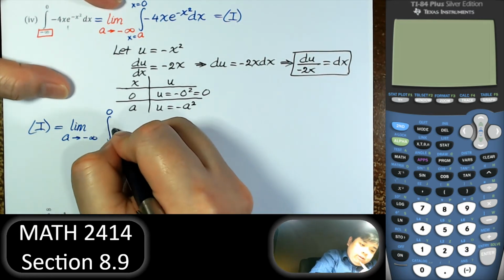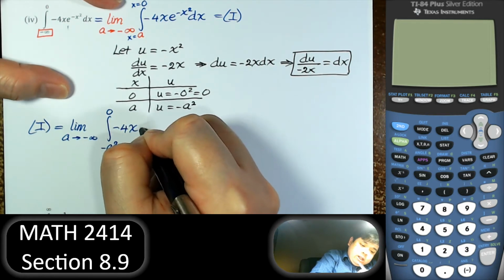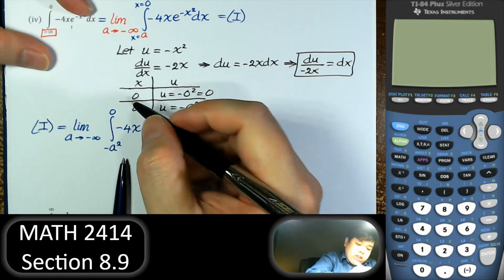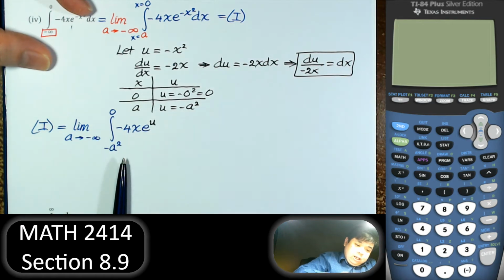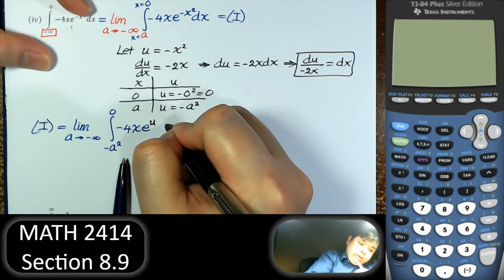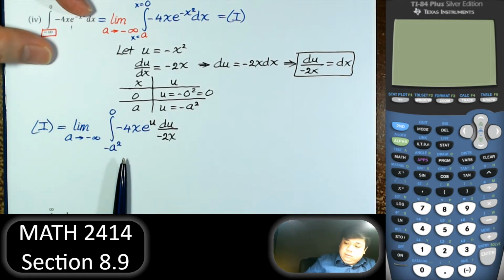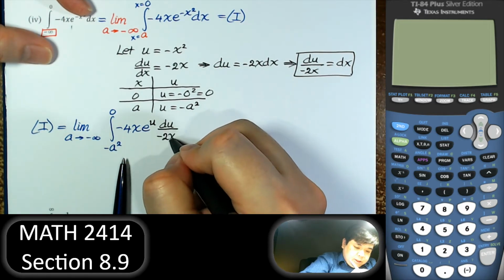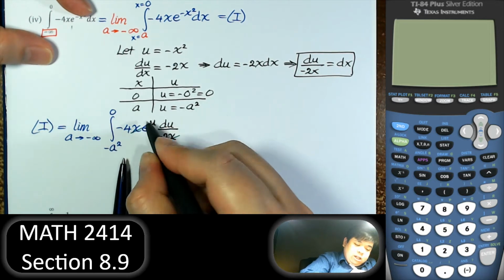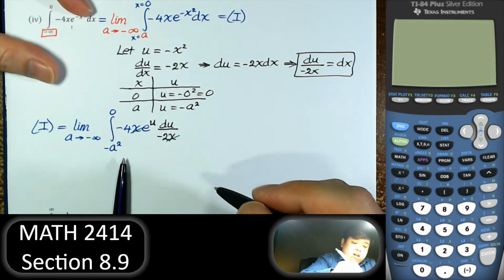Right, we have negative 4x still there, e to the negative x squared, which is u, and dx is du over negative 2x. The x cancels out with x. Negative 4 and negative 2, bring outside of the integral.